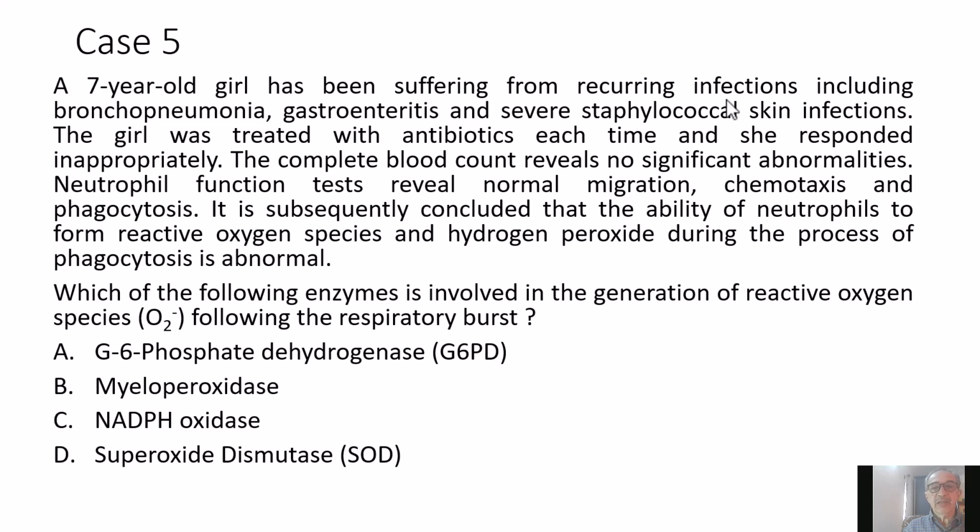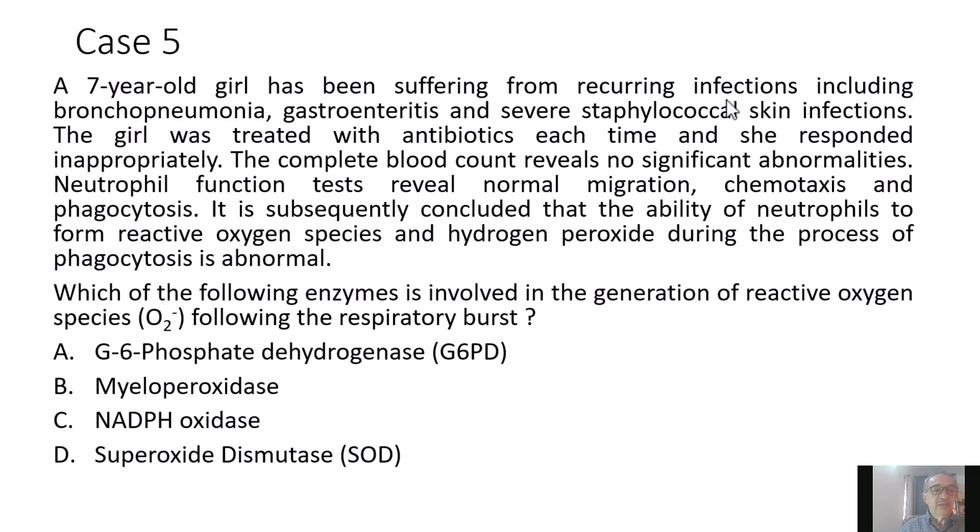It is a strong oxidant, following the respiratory burst, that is, a sudden increase in metabolism once phagocytosis occurs and the neutrophils ingest the bacteria or microbe. The metabolism suddenly increases, oxygen consumption increases. That's known as respiratory burst. Which enzyme is involved in this formation of reactive oxygen?